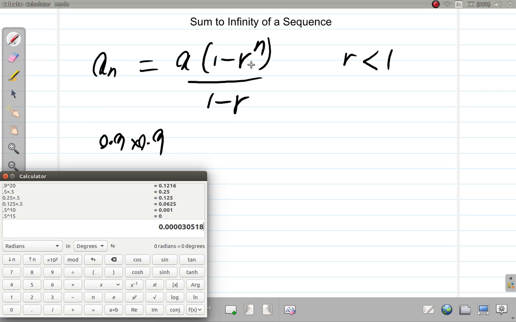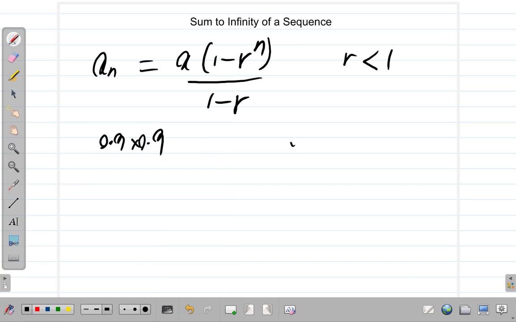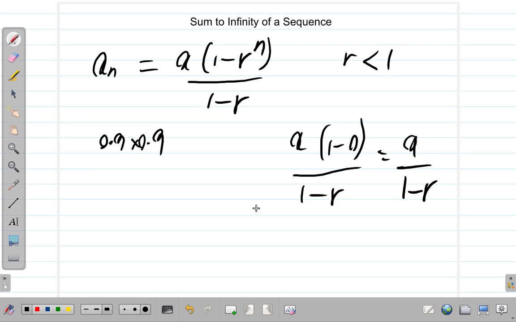When you keep doing that, multiplying it by itself, each time the answer gets smaller and smaller and approaches 0. So when n is very large, r to the n approaches 0. So what you get is 1 minus 0 over 1 minus r, which is a over 1 minus r. So the sum to infinity, let's use this symbol for infinity, is equal to a divided by 1 minus r.